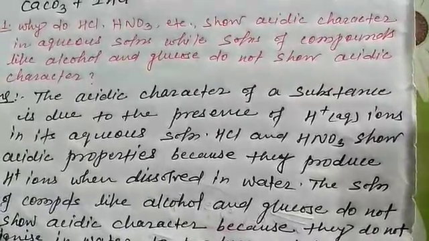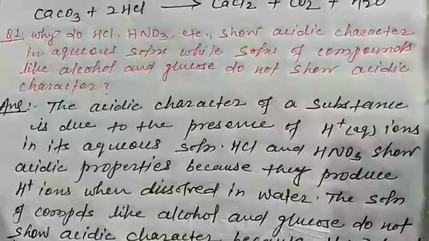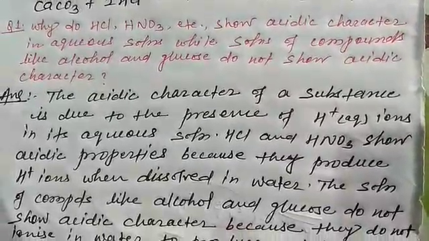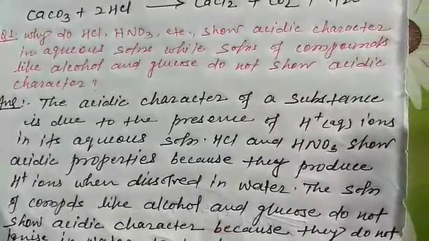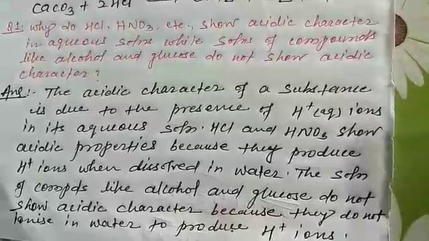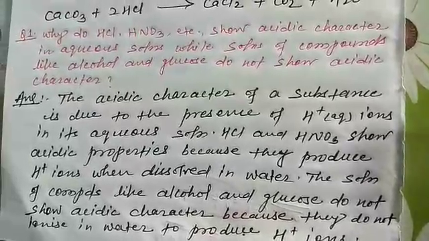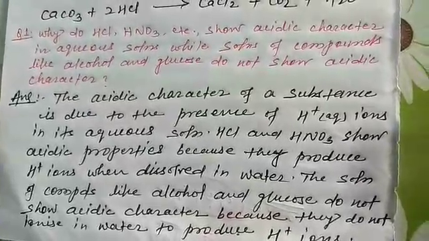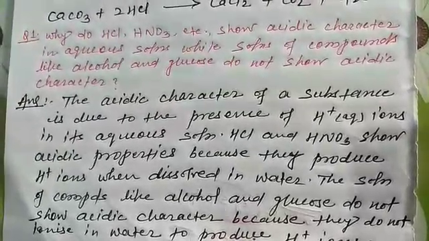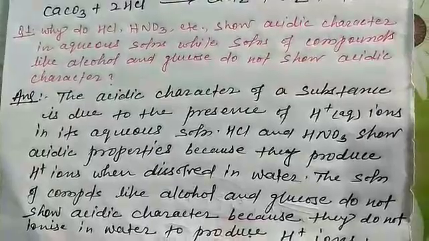They give H plus ions in aqueous solution, while solutions of compounds like alcohol and glucose cannot ionize and release H plus ions in aqueous solution. That is why HCl and HNO3 show acidic character, whereas alcohol and glucose do not.